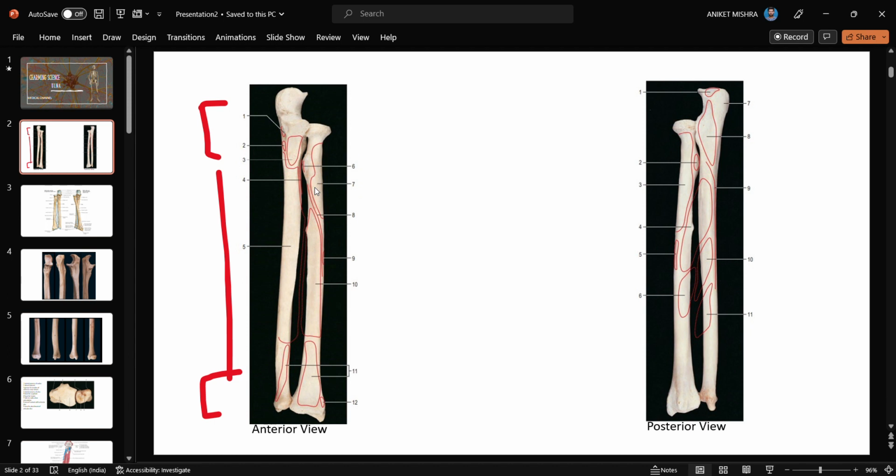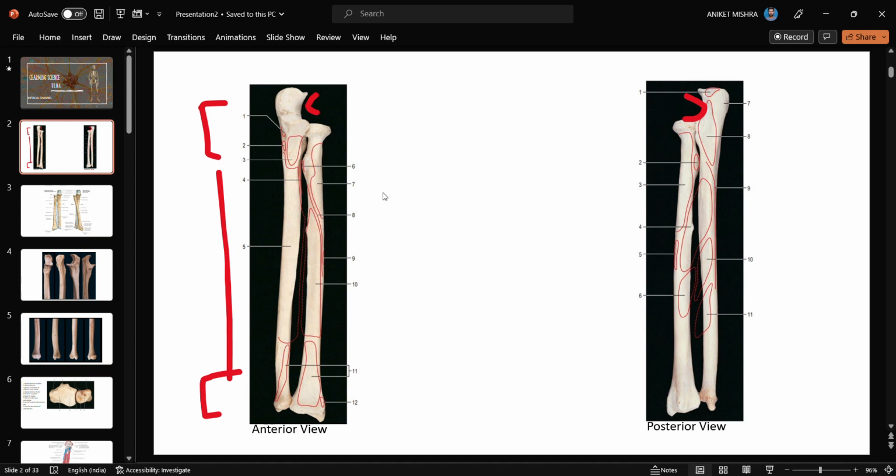How are we going to determine the side of the ulna? How will we look at the ulna? When we take the ulna, the upper end has a hook-like structure with its concavity directed forward.